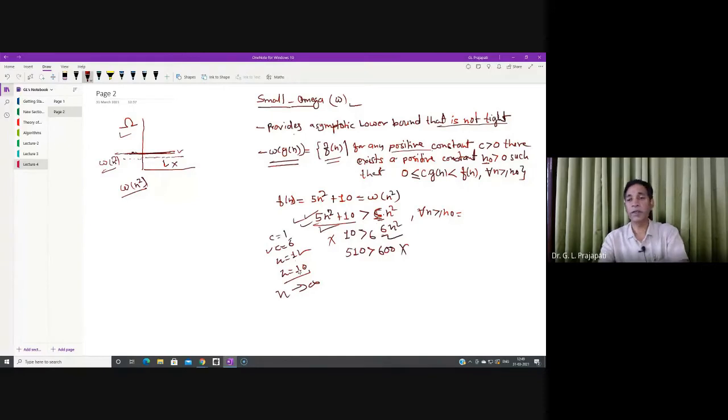But our definition says that for any positive constant we should have the n0. For every C we should have the n0, and you come to know that for every C we are not having the n0, and hence you are not able to write this. But you can say that 5n square plus 10 is omega of n.